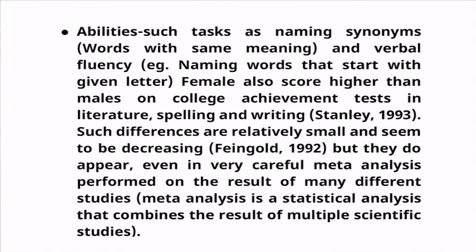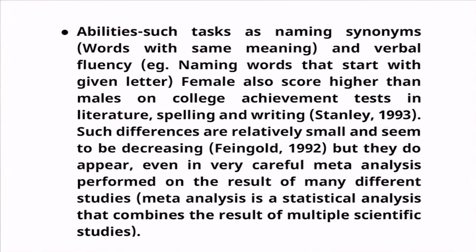On abilities such as naming synonyms and verbal fluency, females score higher than males, and on college achievement tests in literature, spelling and writing, Stanley has found. Such differences are relatively small and seem to be decreasing, Feingold 92 has said, but they do appear in a very careful meta-analysis performed on the results of many different studies.